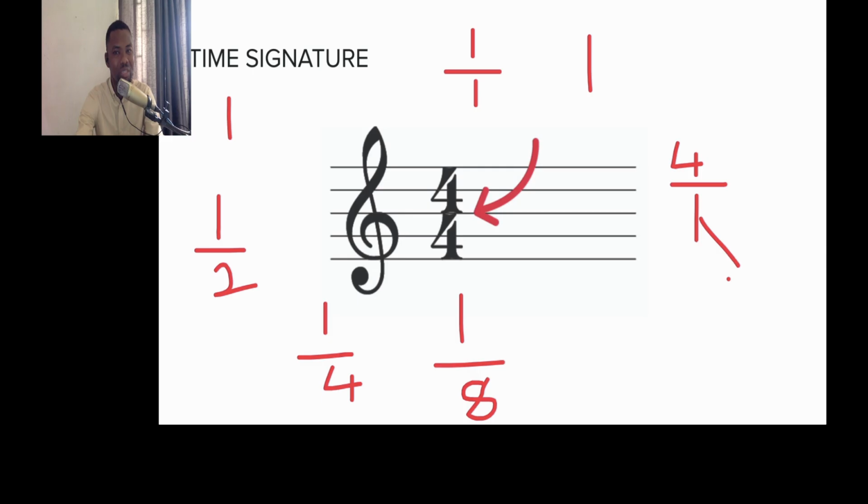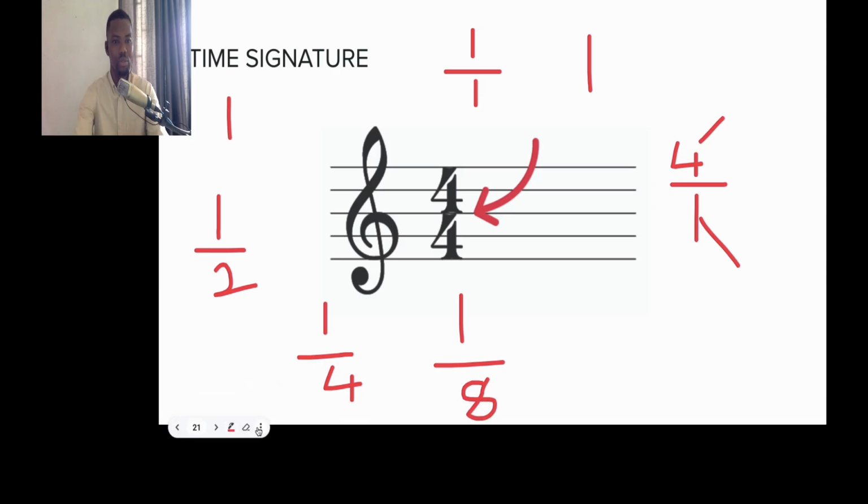The denominator represents the type of notes, while the numerator represents the number of notes. So you find 4 whole notes in every bar. If you see 2 as the denominator, it represents a half note. 4 represents a quarter note. 8 represents an eighth note, right?